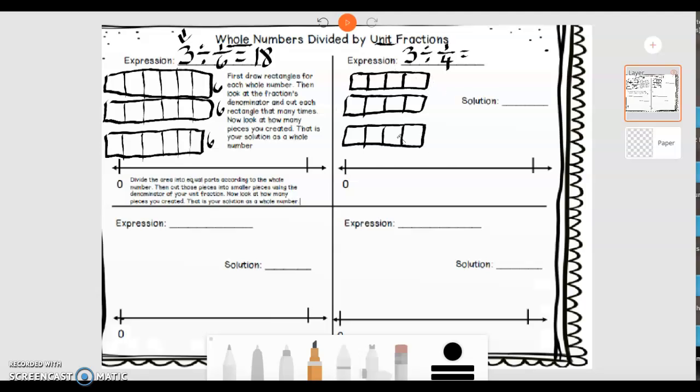Now I have to see how many I have altogether, which means I have 4 here, 4 here, and 4 here. 4, 8, 12. 12 total. So if I take 3 and divide it into 4ths, I'm going to end up with 12 pieces altogether. So my answer is 12.